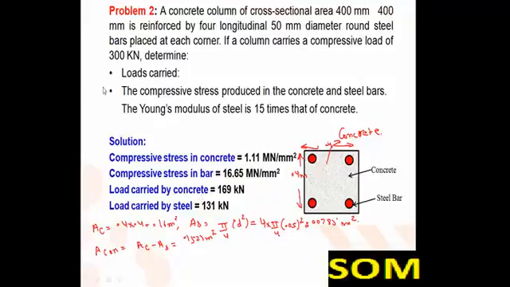It means strain in steel equals strain in concrete. That is sigma S by ES equal to sigma C by EC. It means sigma S equal to sigma C times ES by EC. The value of Young's modulus of steel is 15 times that of concrete. Sigma S equal to 15 sigma C.